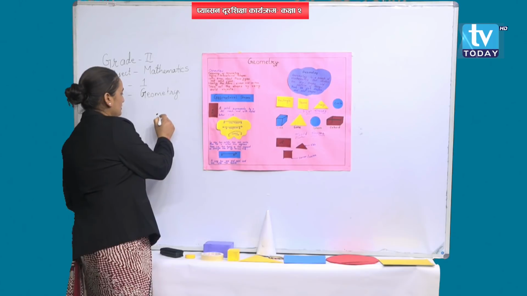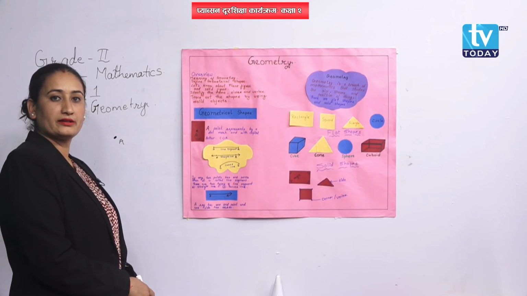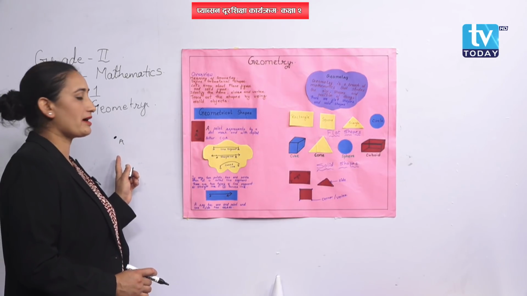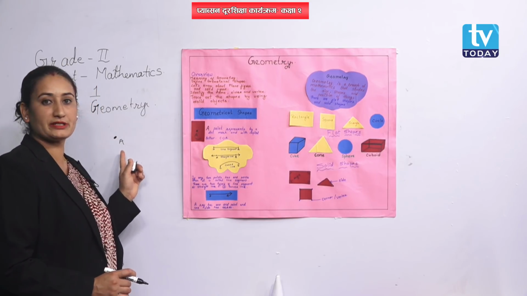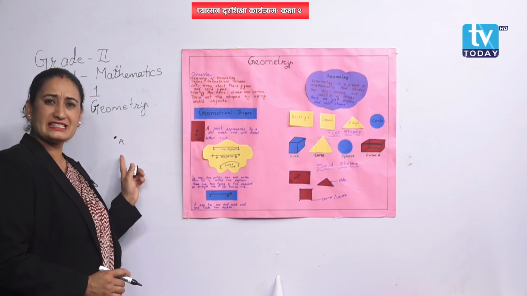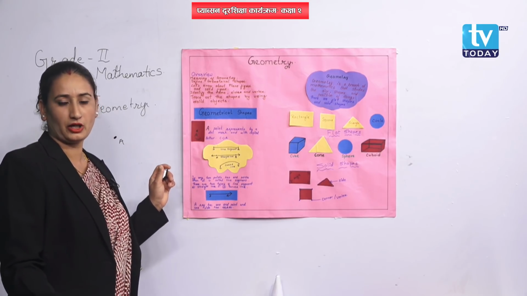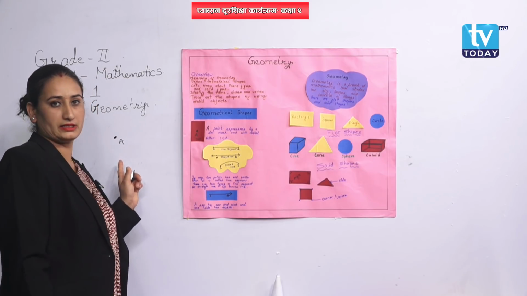This is a single dot. This is a point. It is represented by a dot mark and written with a capital letter A. I am writing here. You can write B, C, whatever you like. Okay, it's called a geometrical shape. Also, it's called a dot.